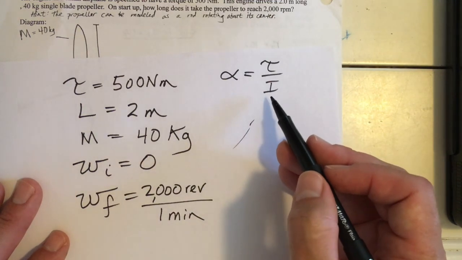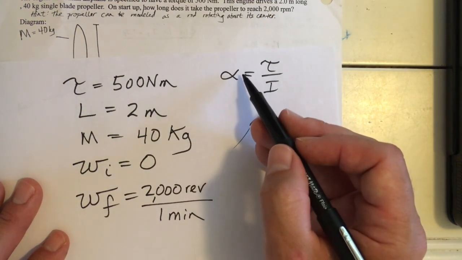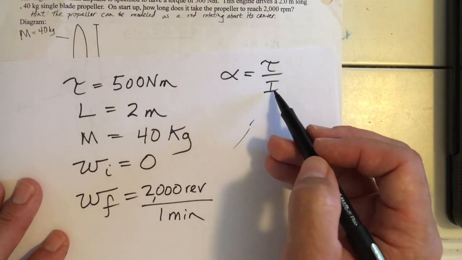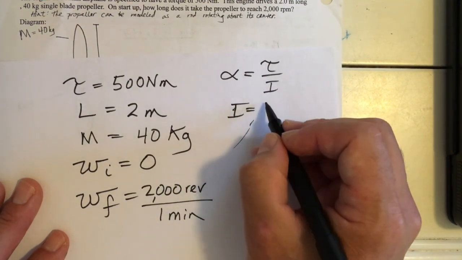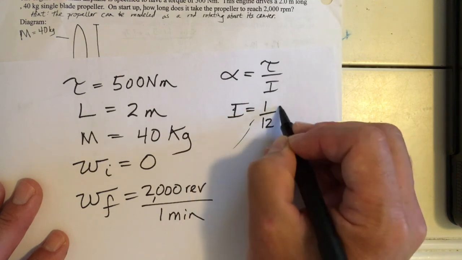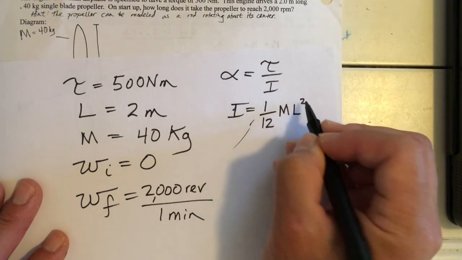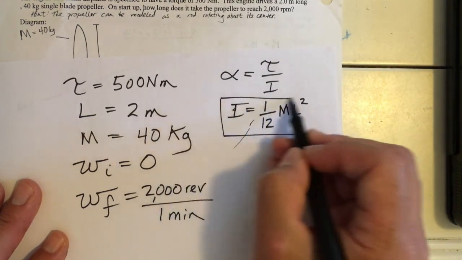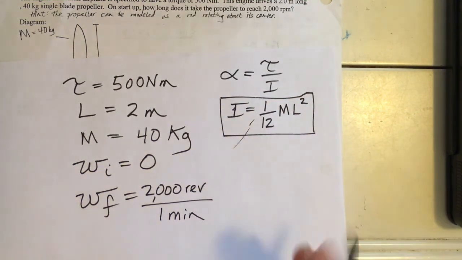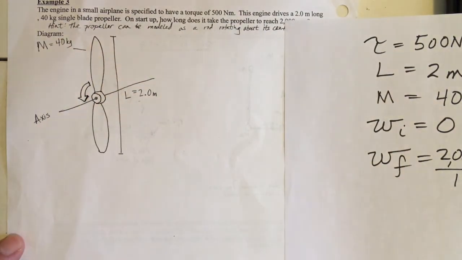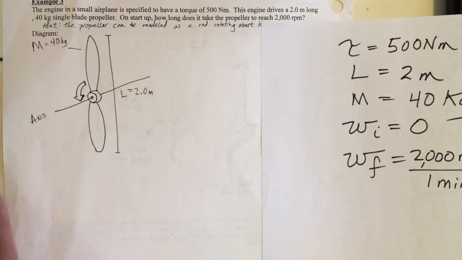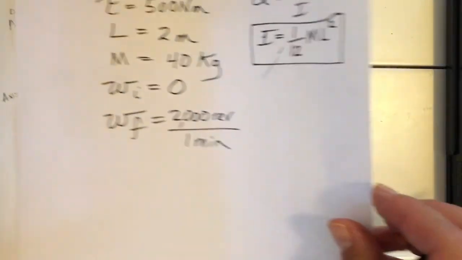So it's definitely going to be the 1/12 ml squared, right? So I equals 1/12 ml squared. And so you want to go ahead and look that up if you forget that formula, right? For a thin rod rotating about its center. All right. So anyways, there we go. I think we're pretty straightforward here.